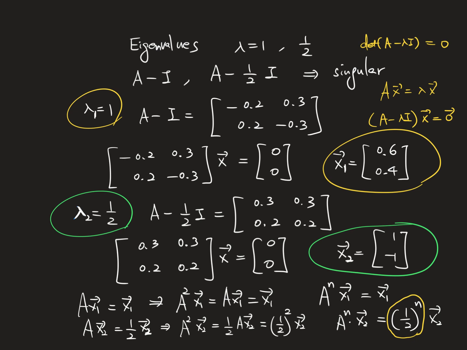If we decompose the input vector, there will be an x1 component and some x2 component. But the x2 component, after some evolution, will fade out. But the x1 component will stay forever.